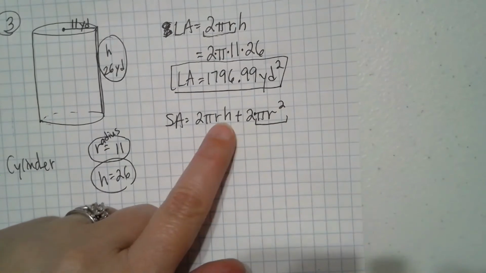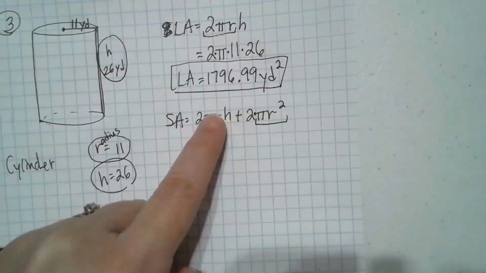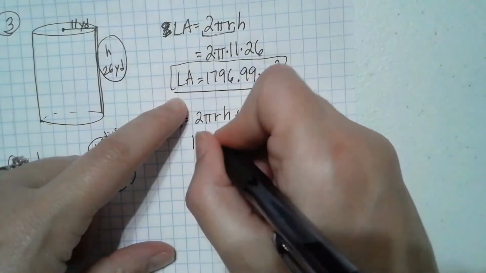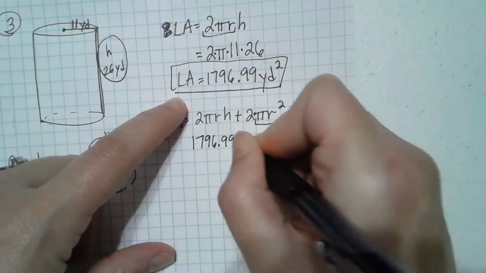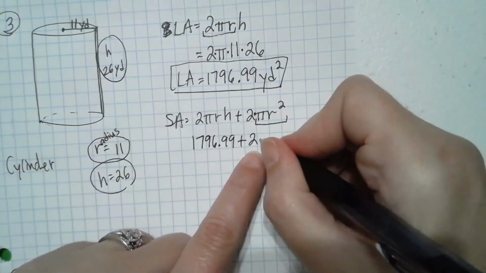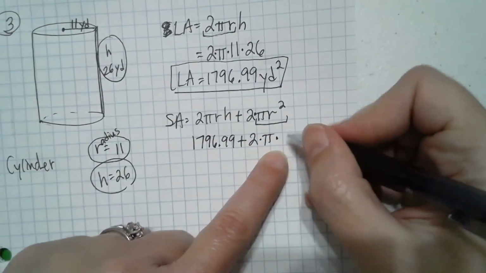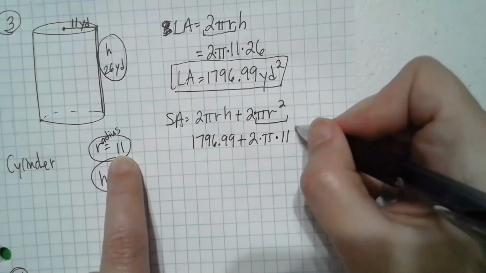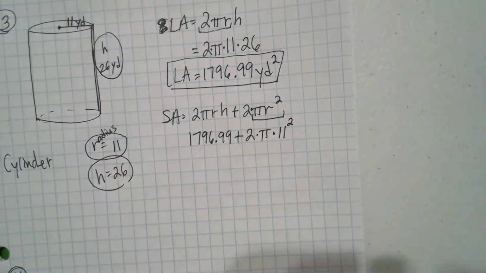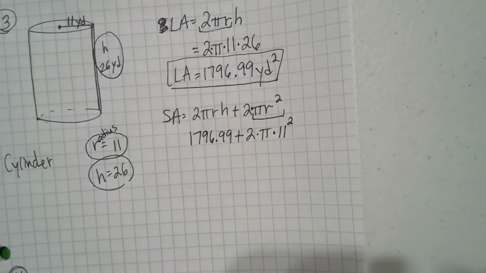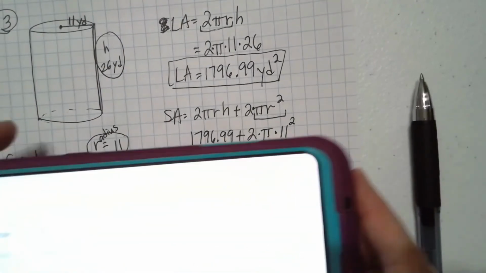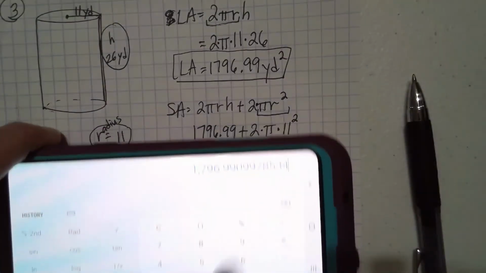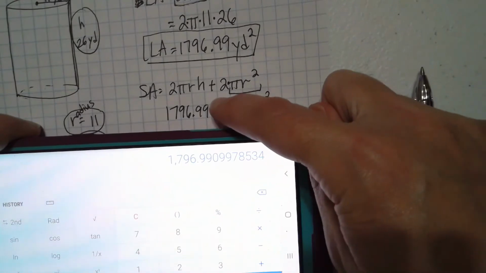Okay. 2 pi RH. We just found that. So I'm going to bring down the 1796.99, and then we're going to add on 2 times pi times R, which was 11, and then it has a square on that 11. Okay, so here's the nice thing about using my calculator: this is my answer right here.